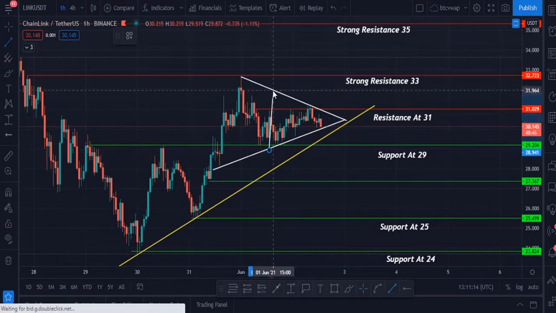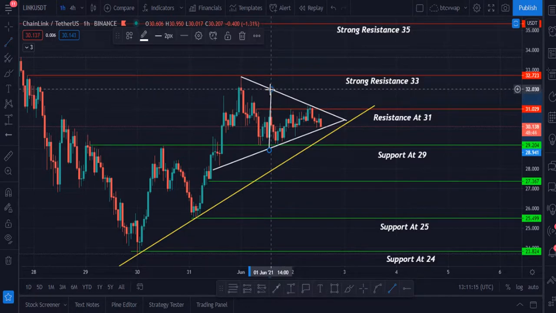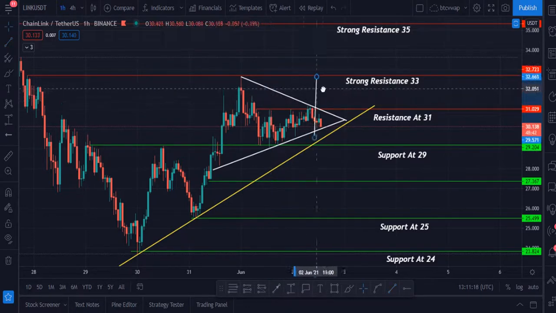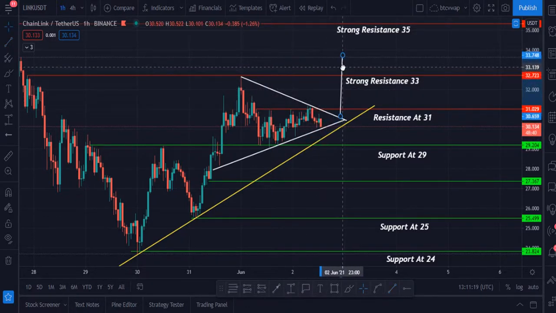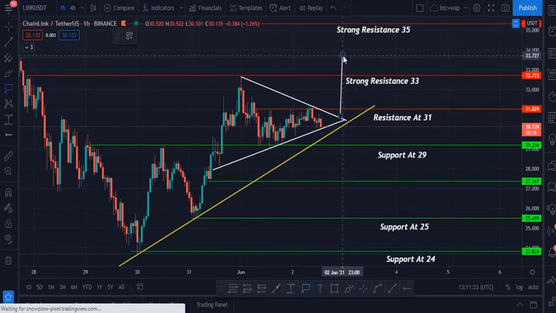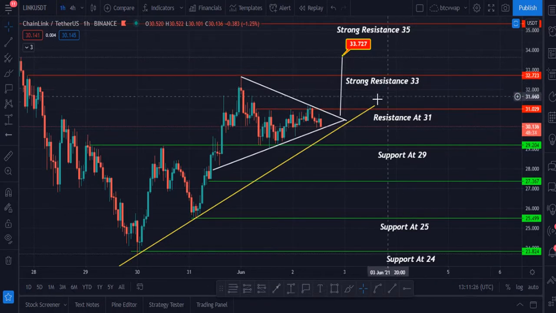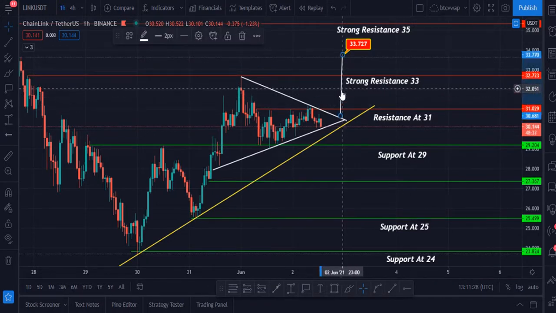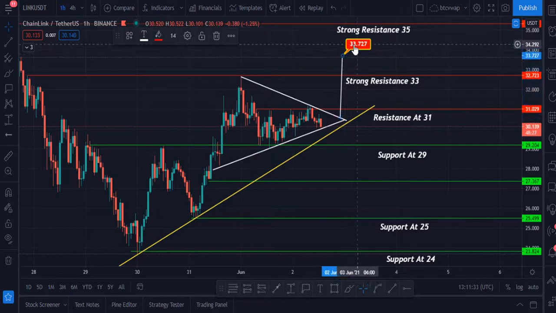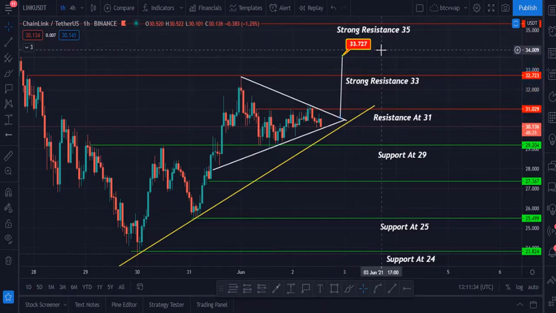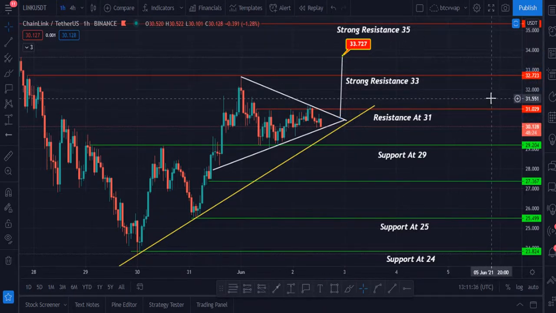Target of this pennant. We have to put it on the upper side of this pennant, and the target will be like $33.2, I think so. Let me please arrange this again. $33.72.